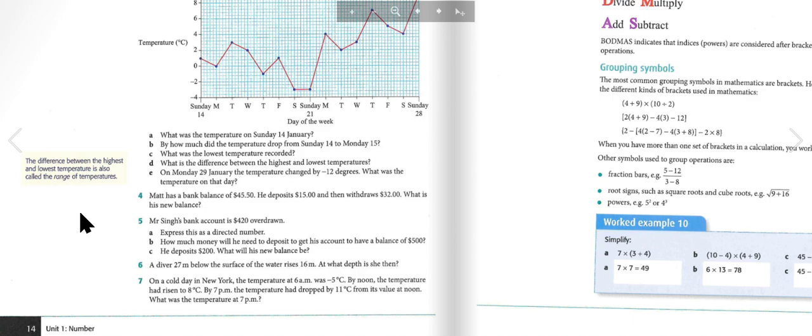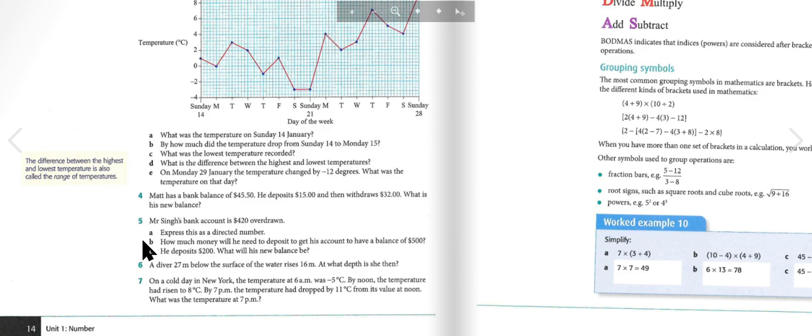And 30.50 plus 32.00 equals 62.50. So his new balance is $62.50. Did you get that correct?